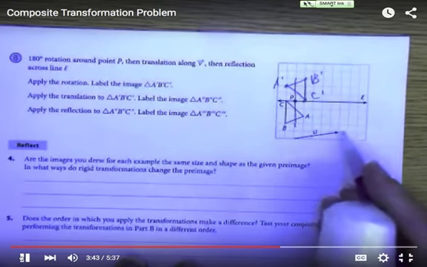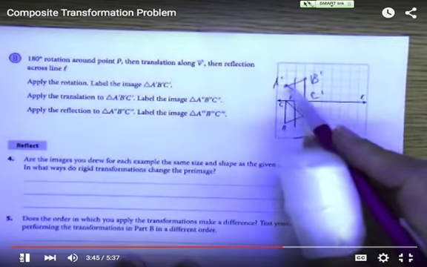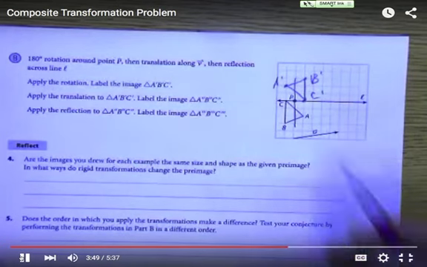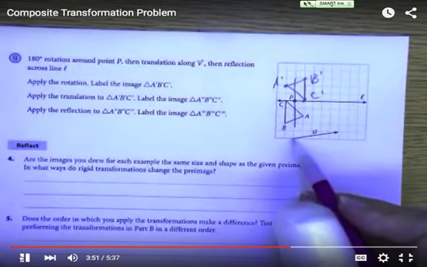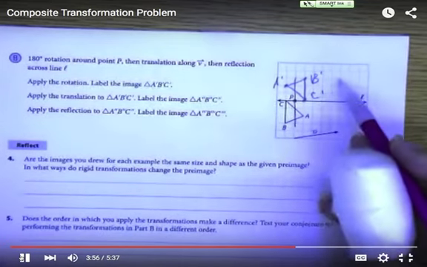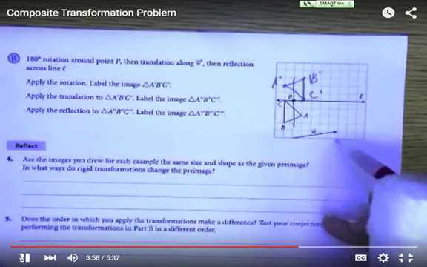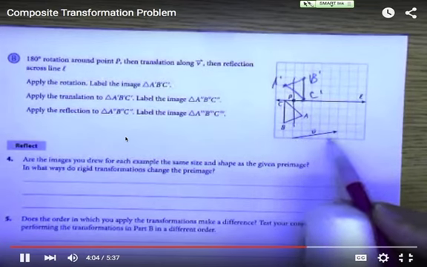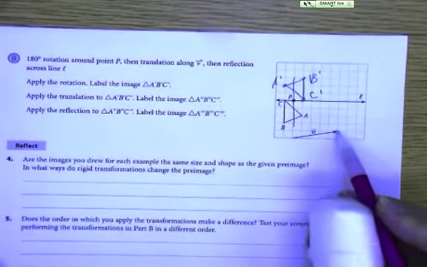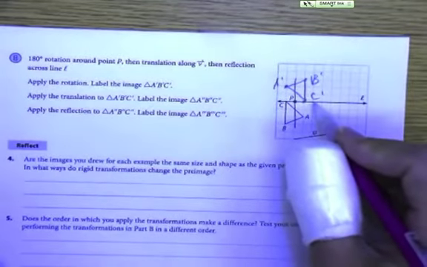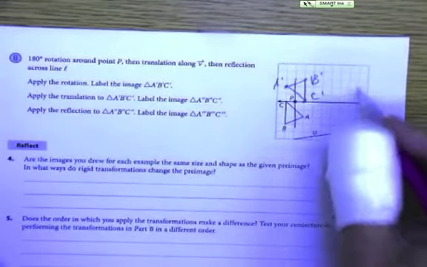And now I have to do a translation along this vector. So I want to take this vector and translate each of these points along that vector. Well, some of you might still be in the habit of taking this vector and physically copying it. But in this example, let's go ahead and just count the spaces. So 1, 2, 3, 4, 5 to the right, and up 1.